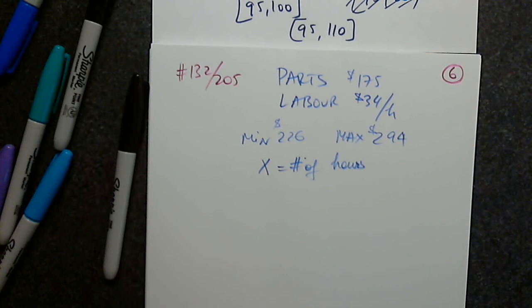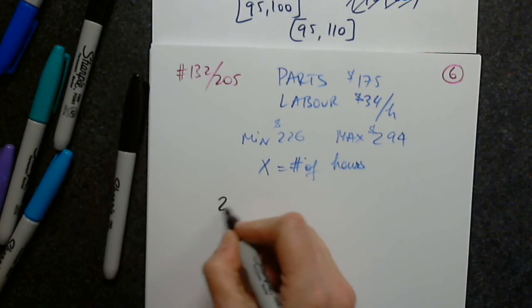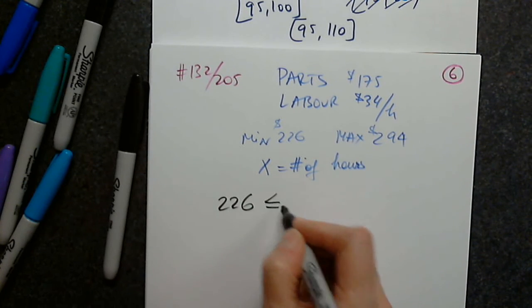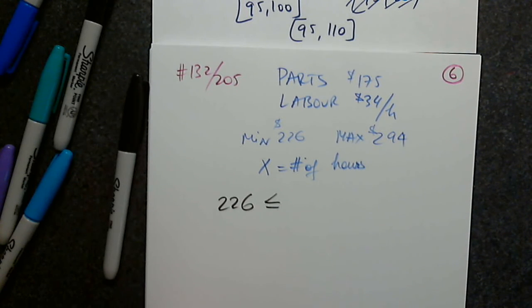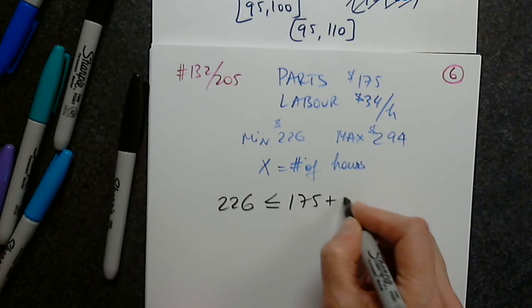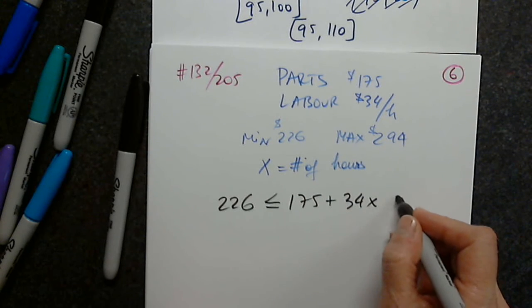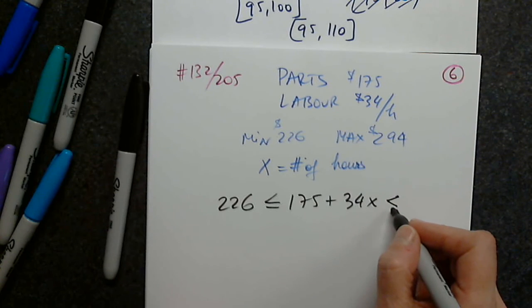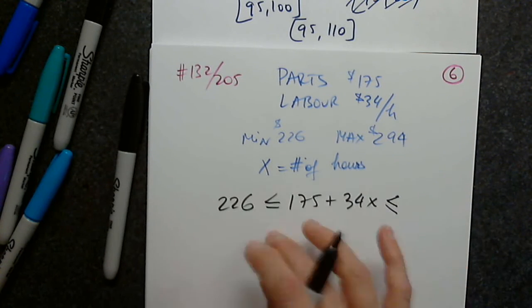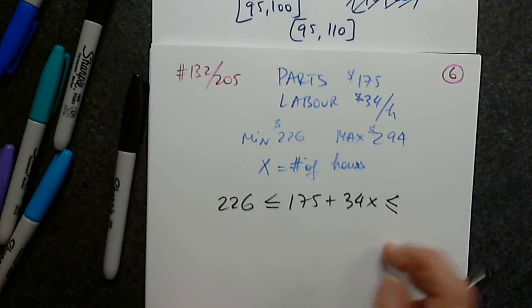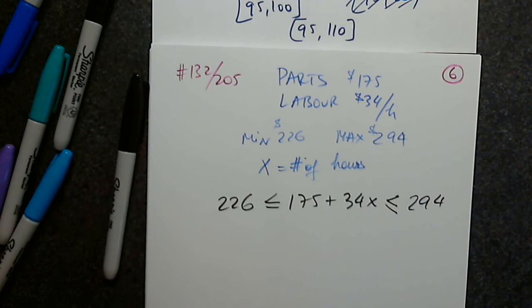How do I set this up? 226 is less than... Perfect. 175. Perfect. 34x. Perfect. Greater than... Careful. In between. Greater or less than 294. Excellent. Well done. That's what I wanted you to see.